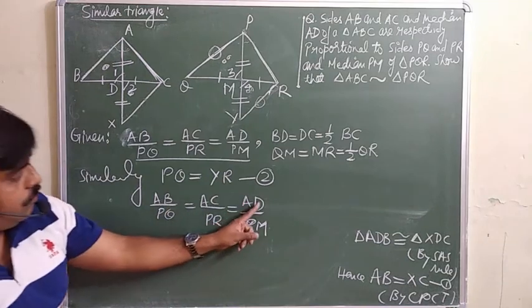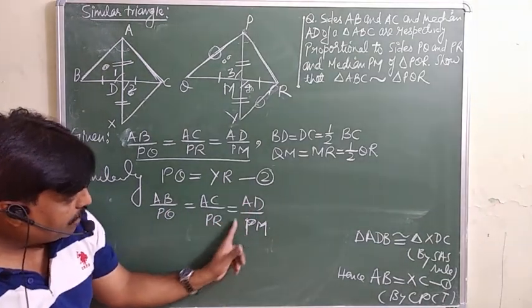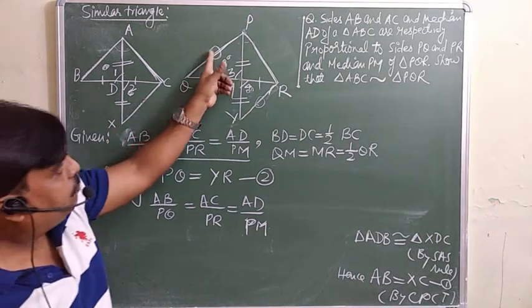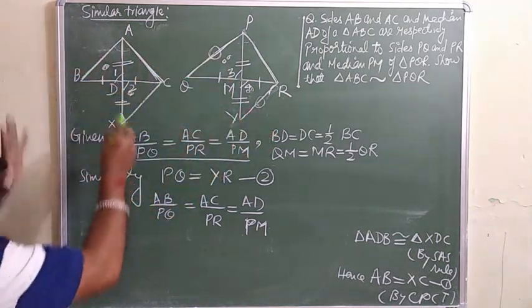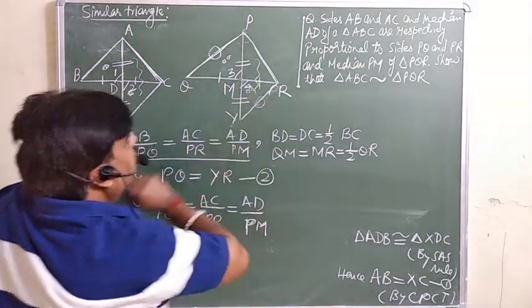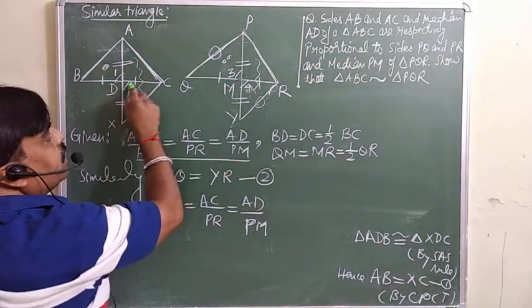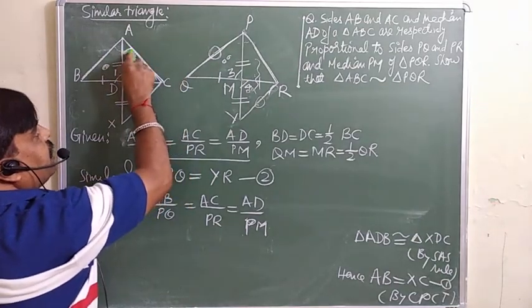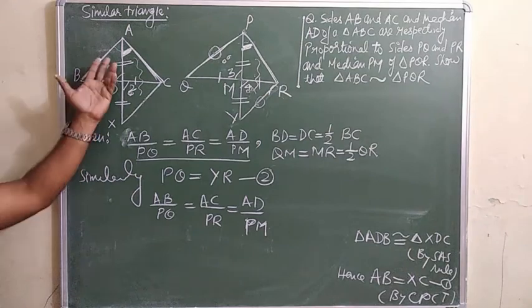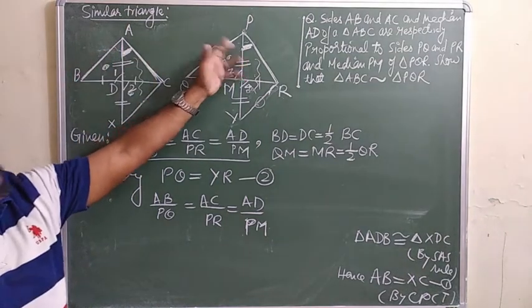Now what we will do, we are supposed to multiply the AD by 2 and PM by 2, and you can replace AB by XC and PQ by YR. Why are we going to do this? Because we want to make these two triangles similar anyhow. And if you can make these two triangles similar, then this angle is equal to this one. That is our motto here. And similarly we can prove this angle is equal to this one.